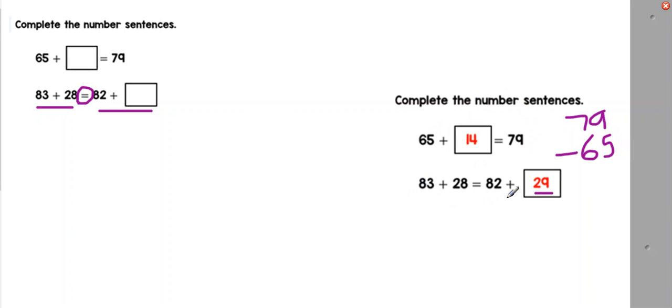If you've noticed, you've got one less in your ones column on this number here, which means you must have one more in your ones column on your numbers here. Yeah, so here you've got 83 and 82, so you've got one less here. And here you've got 28 and 29, so you've got one more here. So that must mean that now it makes these two calculations equal.